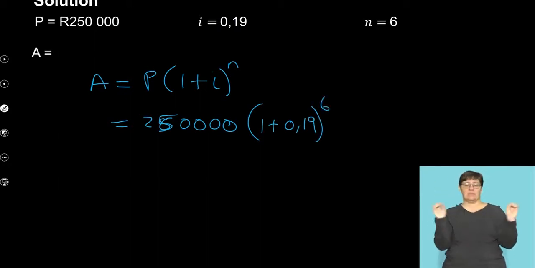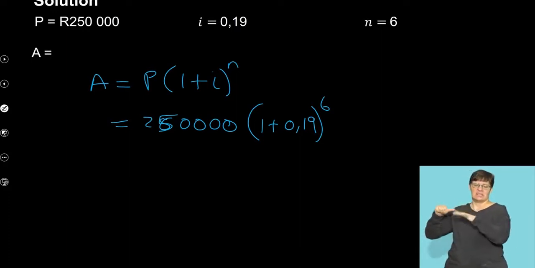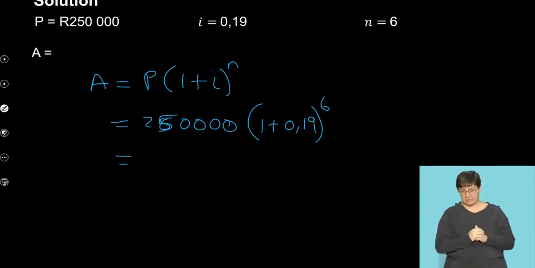Now, I'm not dividing anything by 12 or anything because they said it's compounded annually, right? So the 19% is for 1 year. The 6 years, every year you get the 19%. So it's not going to be affected by the compounding period.